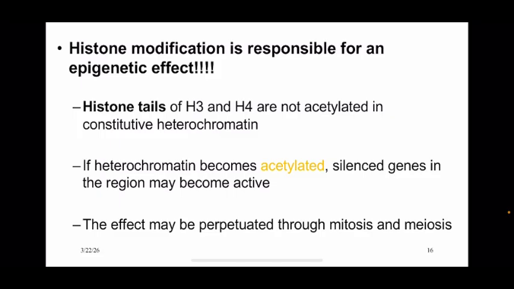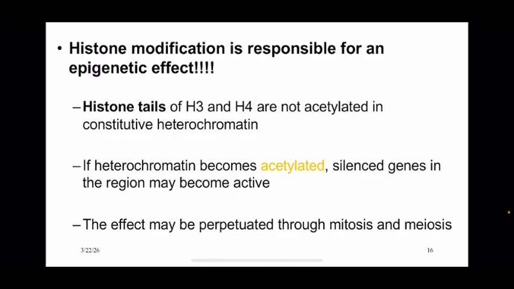Histone modification is responsible for epigenetic effects. I've mentioned this. So mostly the histones we modify. I think in lecture 4, we covered the different histone proteins that take part in chromosome folding. Okay, we have H1, which is actually a linker, and then 2A, 2B, 3 and 4, right?